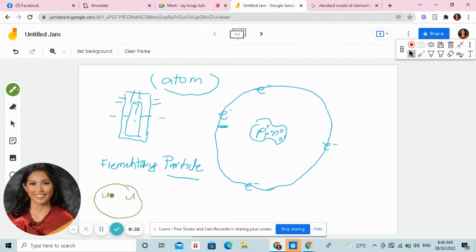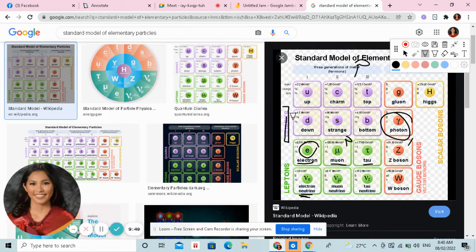Okay. Two up quarks. So up. And then we also have one down quark. So that is your proton. So inside proton still made up of quarks. Now quarks is elementary particle.